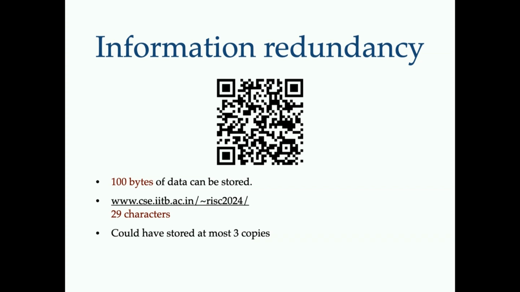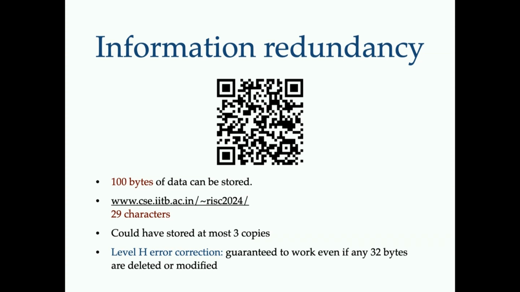But as I told you, that will not work, because what if the same information is deleted from each of the 3 copies? So what is the guarantee for level H? For a level H QR code, the guarantee is that it will work even if you delete any 32 bytes of these 100 bytes.